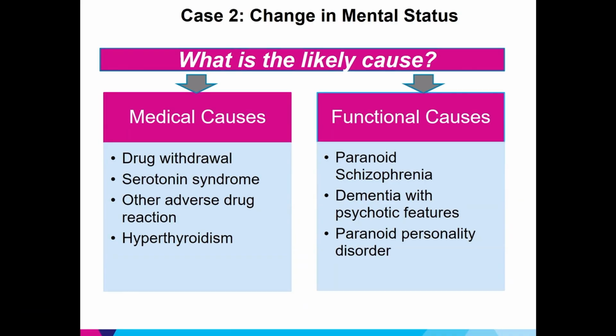New onset psychosis is relatively rare in older patients, so diagnoses such as paranoid schizophrenia, dementia with psychotic features, or paranoid personality disorders are diagnoses of exclusion, as late onset psychosis is exceedingly rare in our older adults.